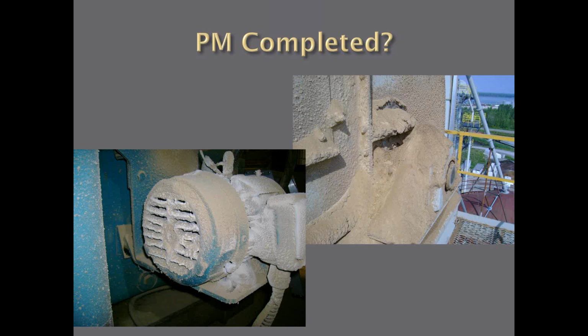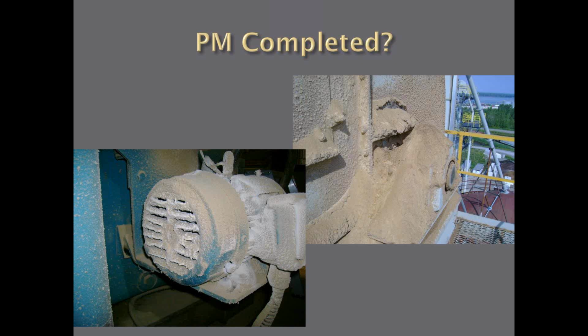But once operators and maintenance understand this, there's more of a reason to clean that motor. So this became an every-week PM for the operator. The operator had to take something and clean all that off and keep that motor clean. It makes the motor insulation windings last longer and more than likely bearing life.